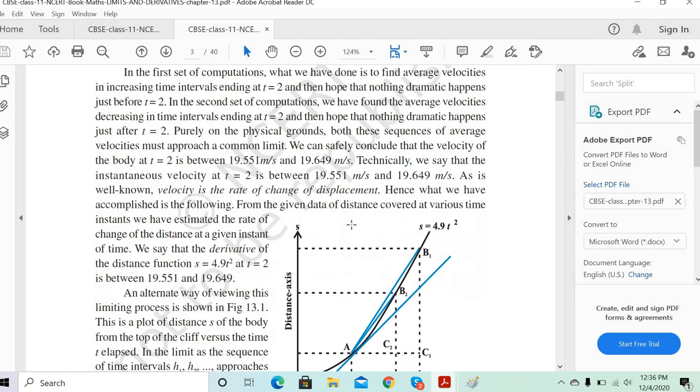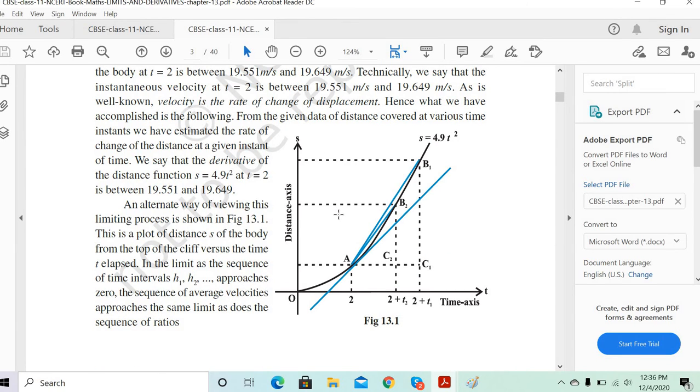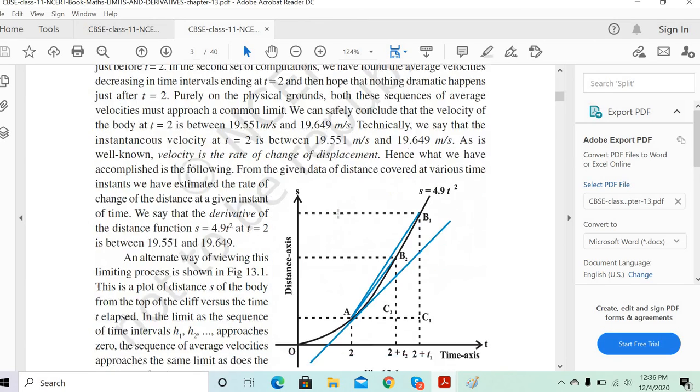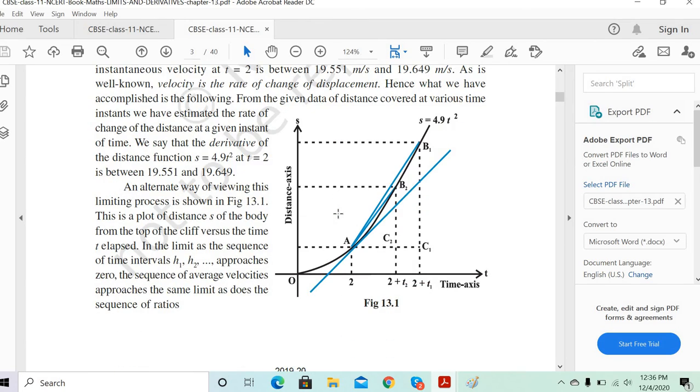Yes, sir. Correct? Good. Now we know that velocity is nothing but the rate of change of displacement, right? Now how do we do that? Let's try to understand using this method. Draw the figure 13.1, then I'll tell you what it means here.